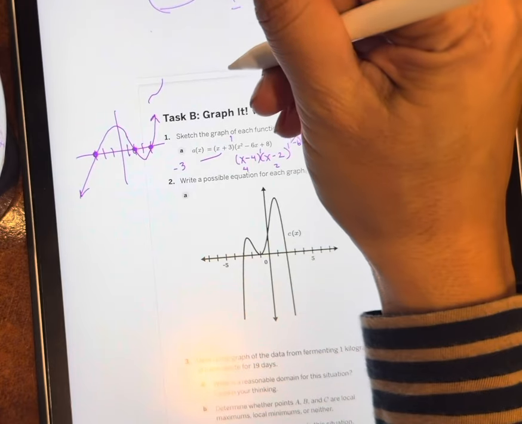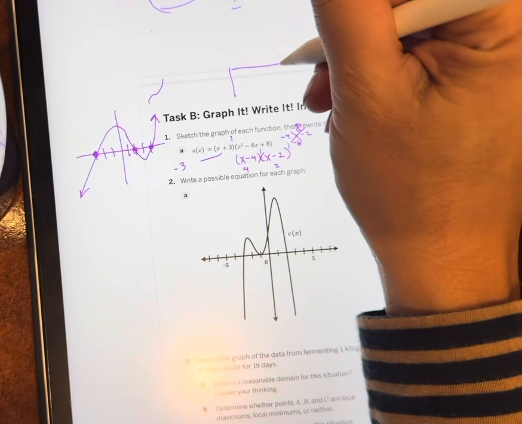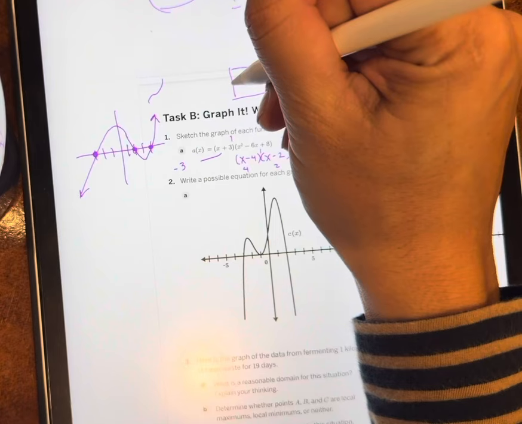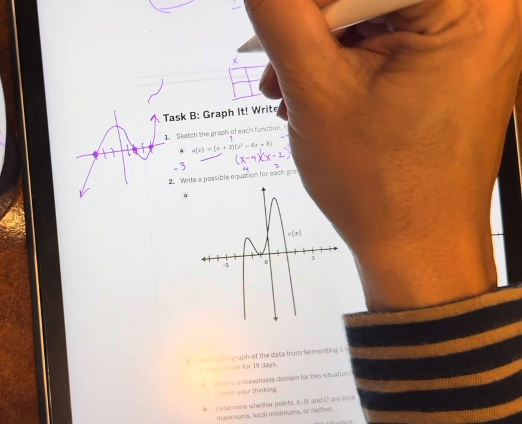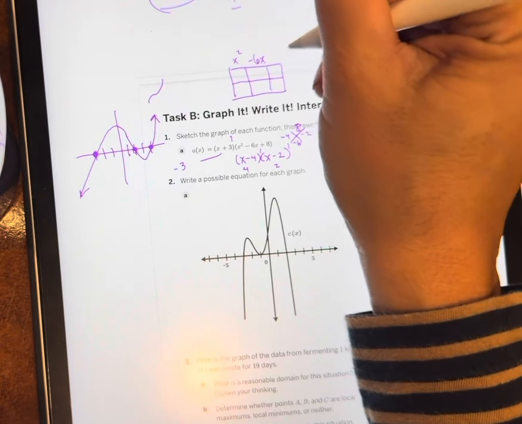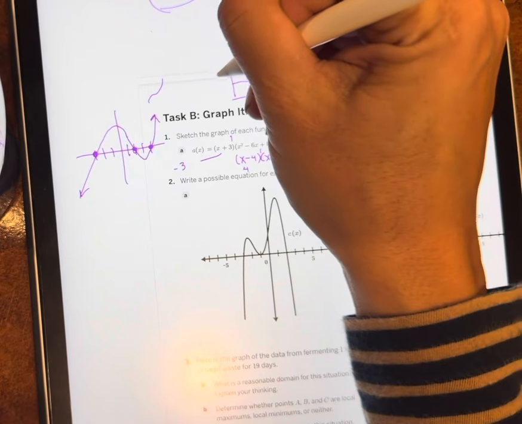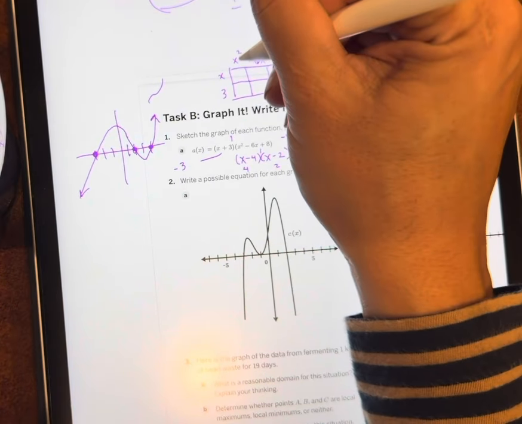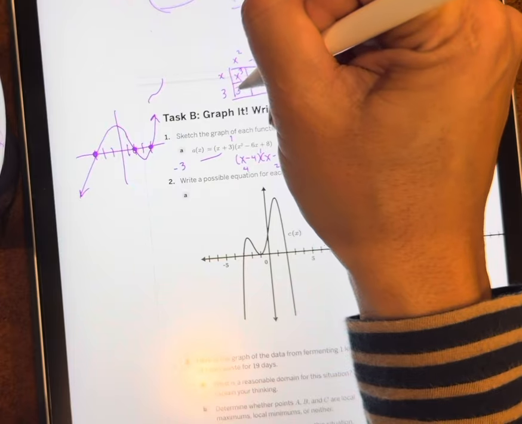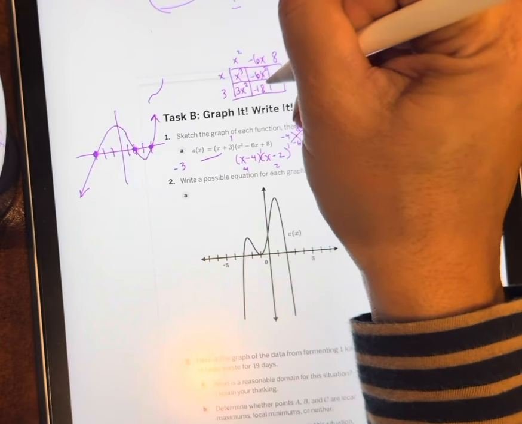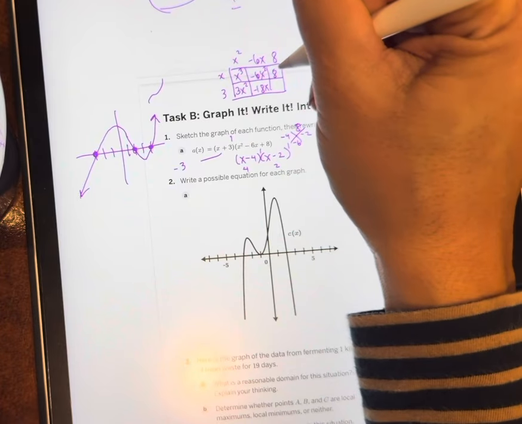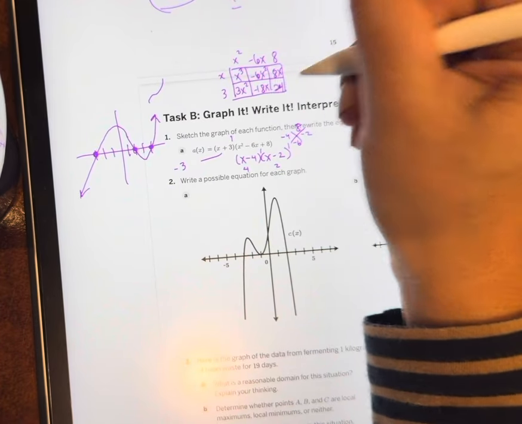I think I purposely forgot that. You guys, do the box, I guess. Okay, put x squared, put minus 6x, put 8, put x plus 3, and then just multiply, all right? This is x cubed, 3x squared, minus 6x squared, minus 18x, and then this is 8x, and this is 24.